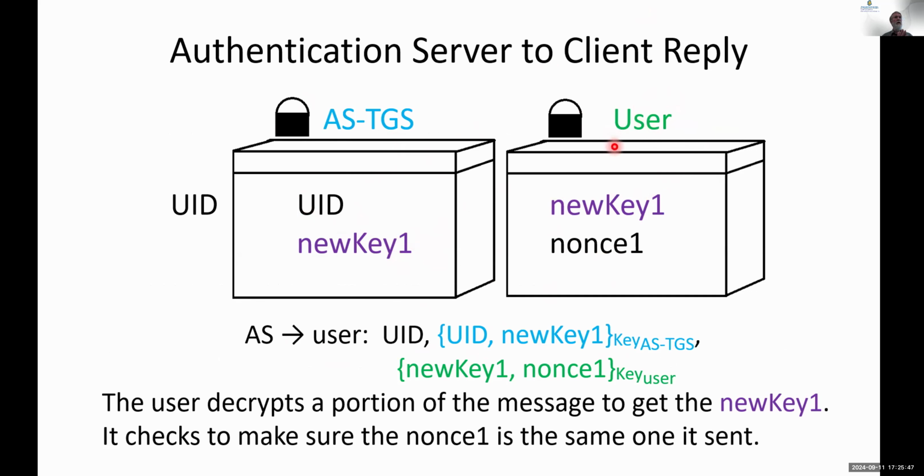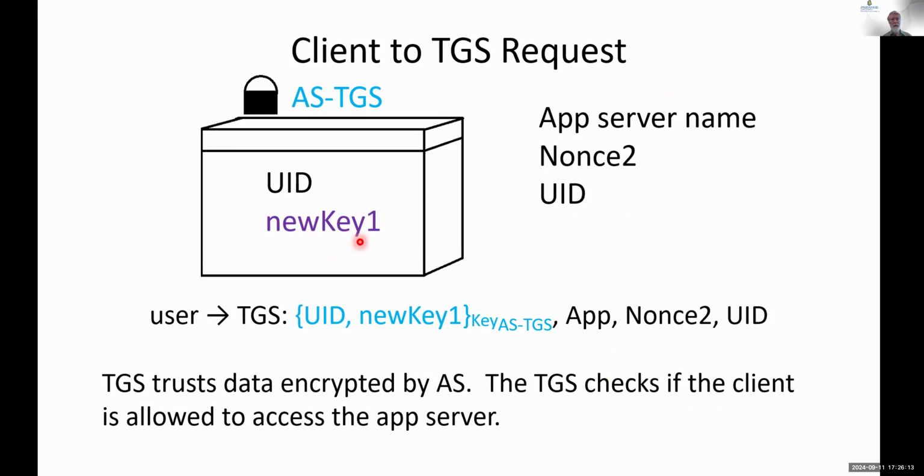The authentication server has a key it knows for every user. So you send something to it, and it replies with a key and the nonce that you sent it, all encrypted with your key, which in theory only you and the authentication server know. And then it also sends you another key that it shares with the ticket granting server, and it encrypts a new key there.